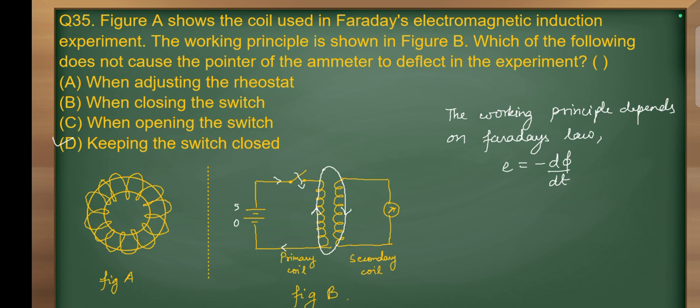Or when we open the switch, the EMF will reduce from 5 volt to 0 volt. In this, the potential difference is decreasing, so it will also cause induced EMF in the secondary coil. But in option D, keeping the switch closed, the EMF will become constant and there will be no induced EMF in the secondary coil. So option D is correct.